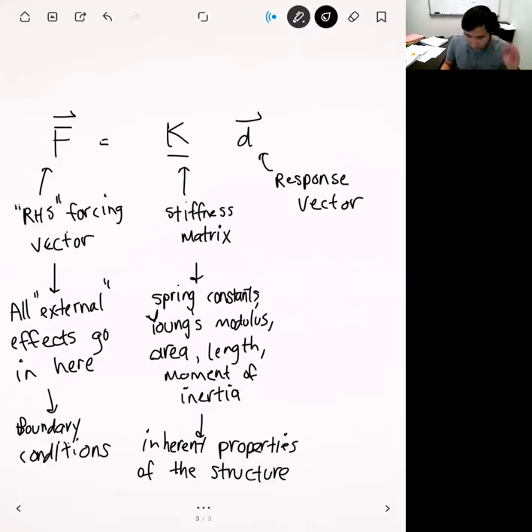And then finally, we have the response vector. For our case, since we just focus on structural mechanics, the response vector contains things like the deformations.